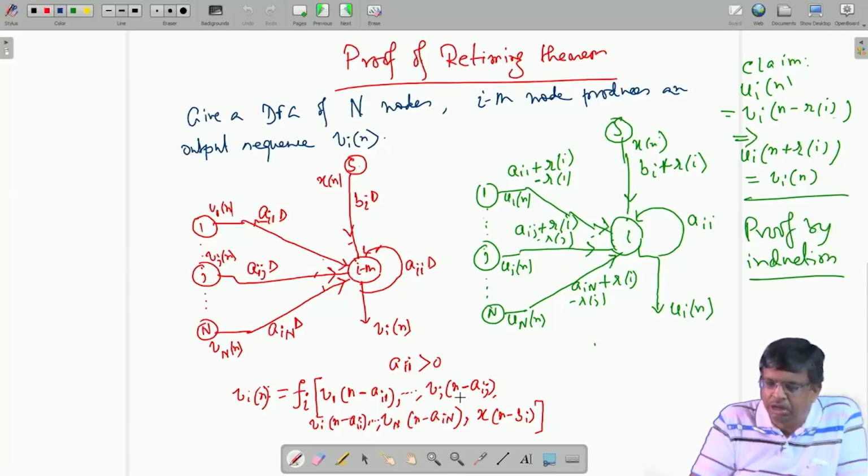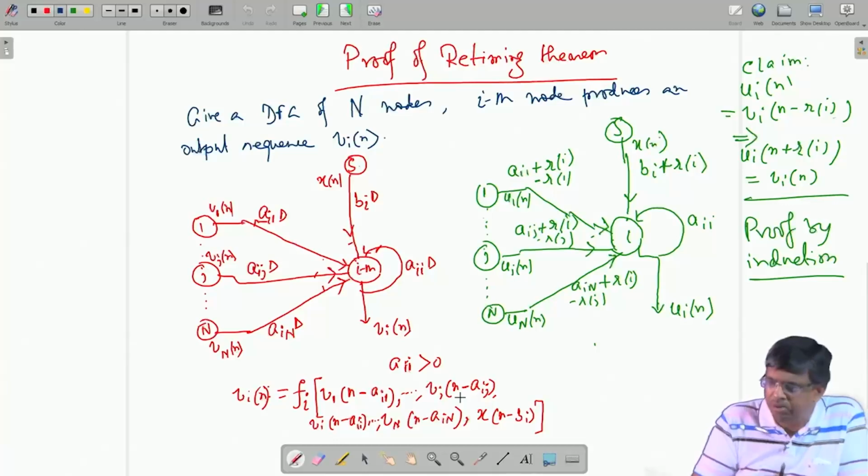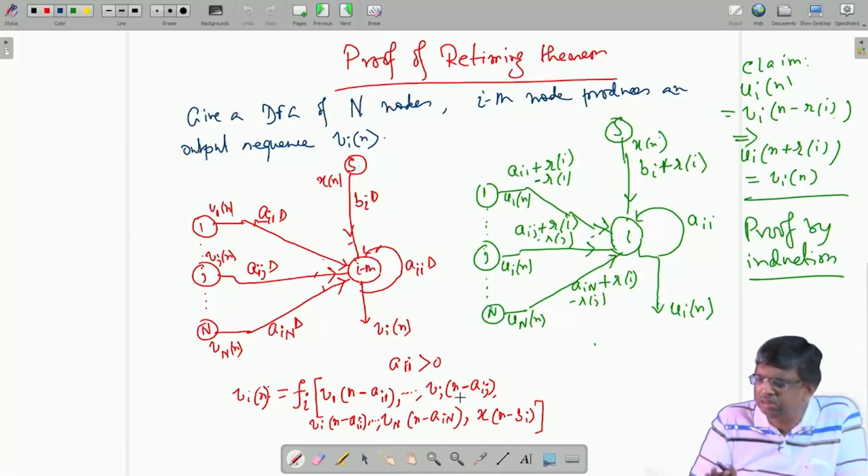It will eventually depend on the past values of node 1, node j, node n, not the current value. That is what I will show. That it will effectively depend on V1n minus some value, Vjn minus some value, like that. Even if AI1 is 0, Aij is 0, that is apparently they are 0 delay. Okay, but it will effectively depend on their past values only. That is very important for this. So, that is what I will show.